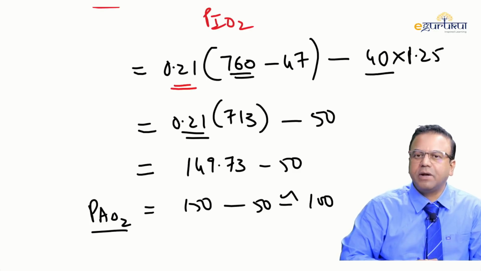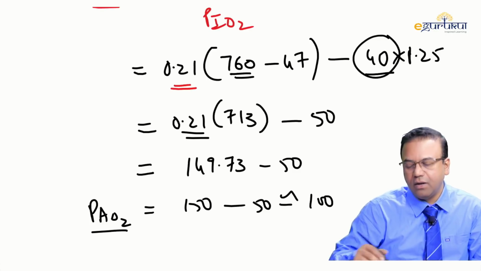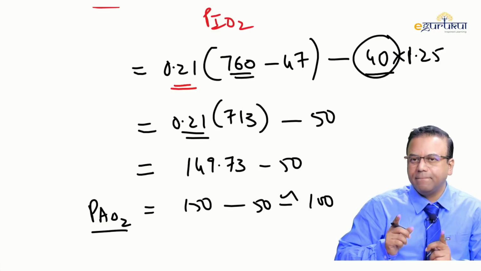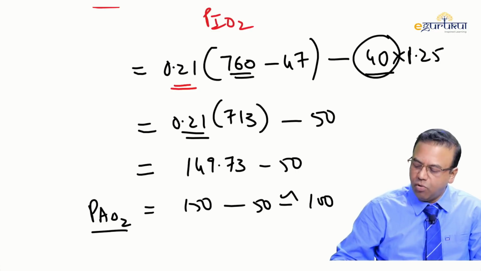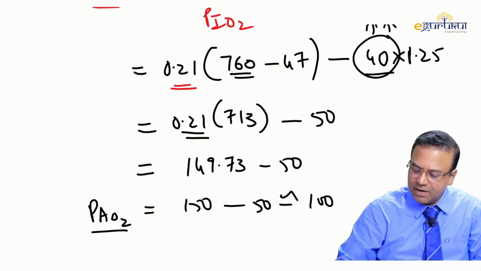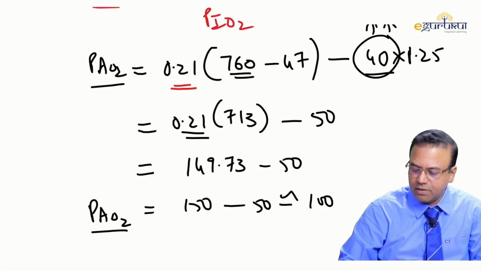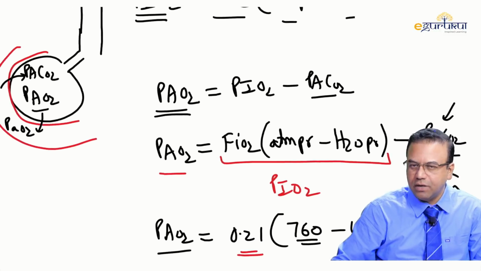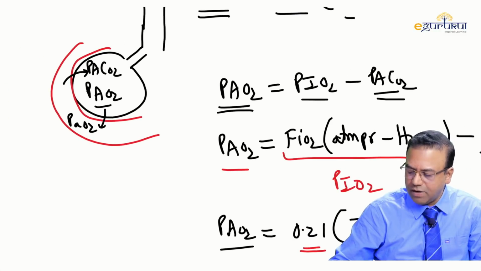Also, what does affect the partial pressure of alveolar oxygen is the carbon dioxide. Don't forget, the carbon dioxide and the alveolar oxygen are basically in an obligatory relationship. The more the carbon dioxide there is, the lesser the alveolar oxygen is going to be. If you simply analyze this formula, partial pressure of alveolar oxygen is nothing but PiO2 minus PaCO2.